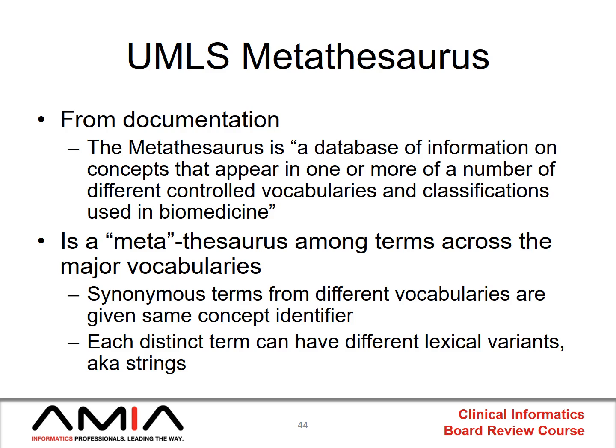Whereas a thesaurus might be within a vocabulary, a metathesaurus is across multiple different vocabularies. As such, synonymous terms from different vocabularies are given the same concept identifier, and then each distinct term has different lexical variants, also known as strings.